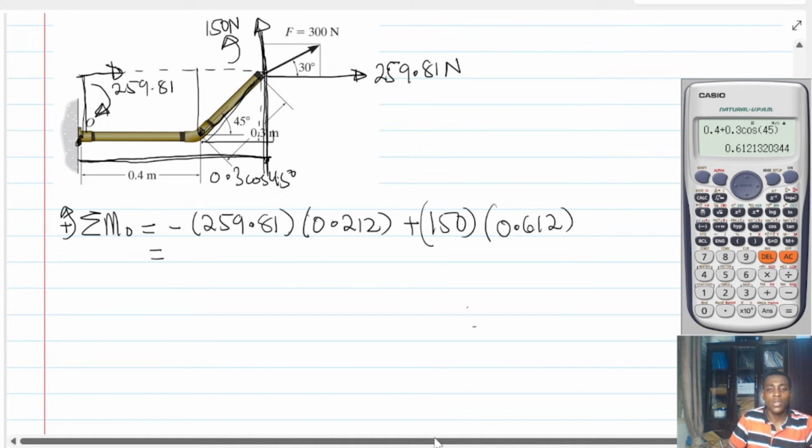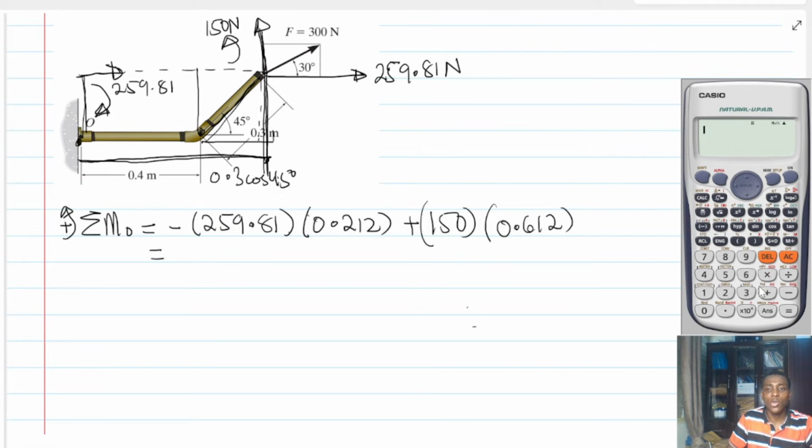Okay. So what is the moment now? The resultant is going to be what? Minus 259.81 into 0.212 plus 150 into 0.612.